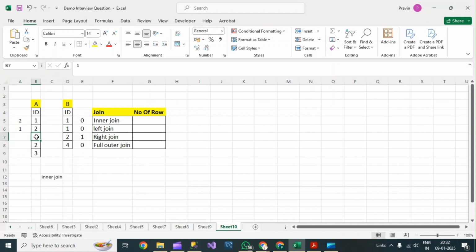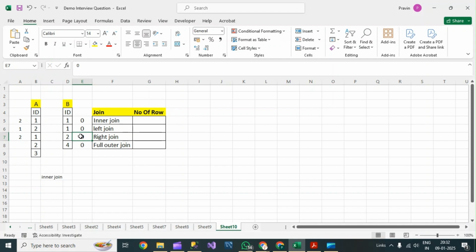Then again one, and this one again starts with the B table first position. One does not equal two, meaning one does not match with two, so zero, and again zero for this, so for this one also we will retrieve two records. Then again this two: zero, zero, and for this two zero because it does not match.